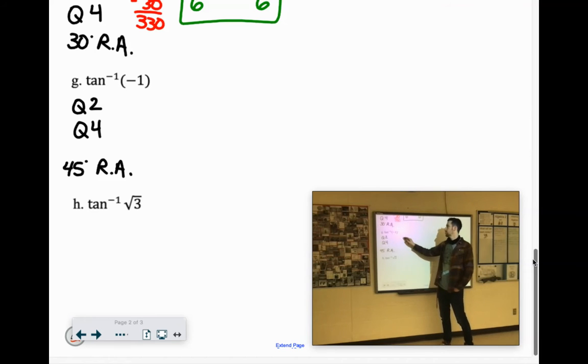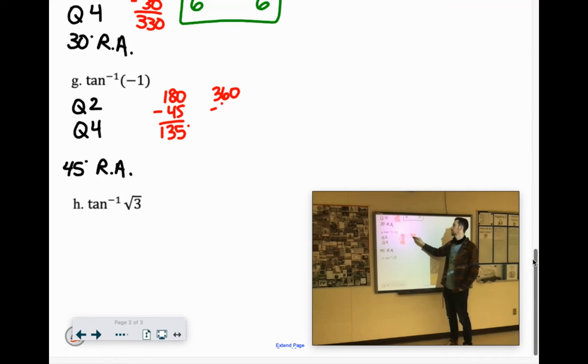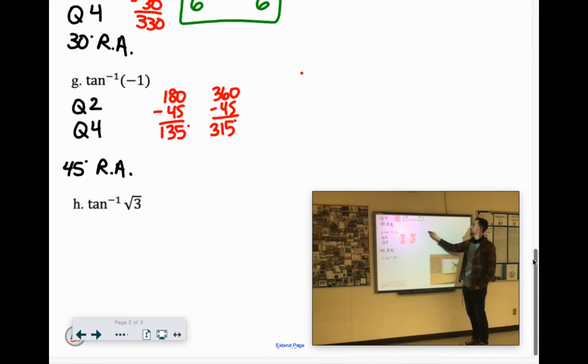So quadrant 2, we could do 180 minus the 45, which is 135 degrees. For quadrant 4, that's 360 degrees minus our angle, which is 315 degrees. There's our 2 degrees, 135 degrees and 315.